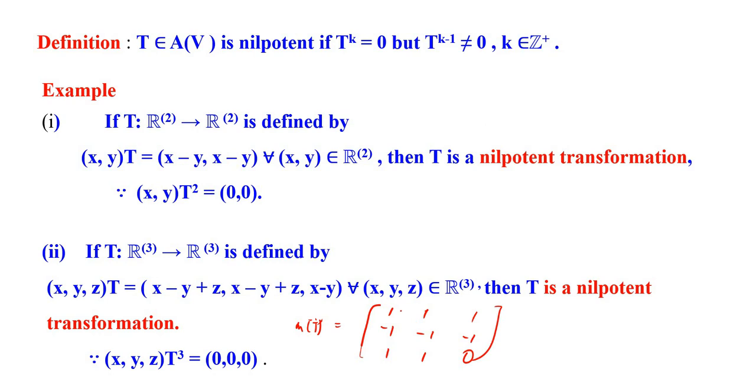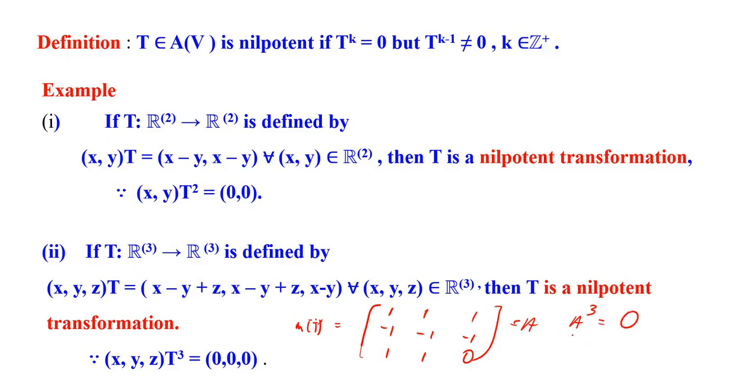This is the matrix of T. Of course, we have considered the standard basis, so that doesn't matter. We want to have the matrix of the transformation. And when you take this as A, you will get A cube to be the null matrix 0.